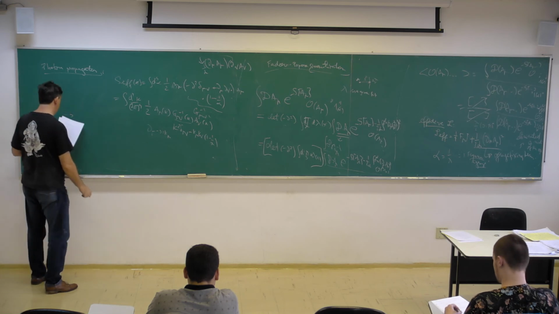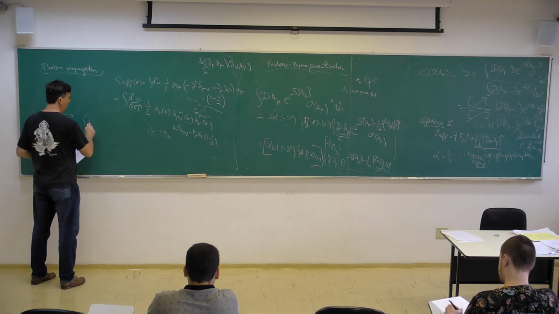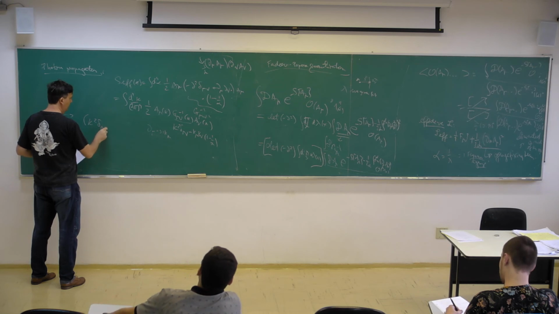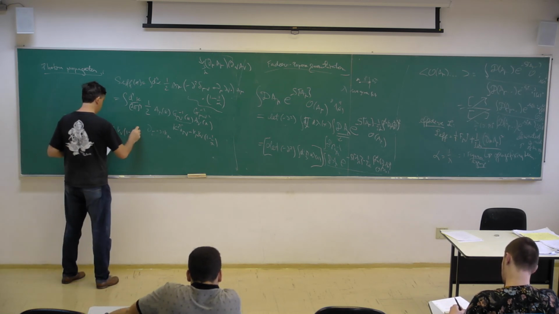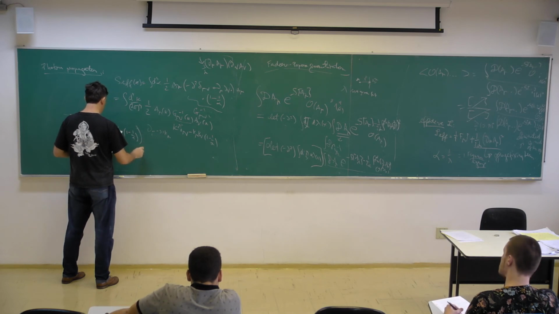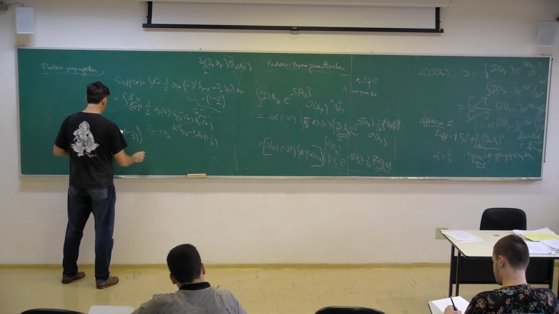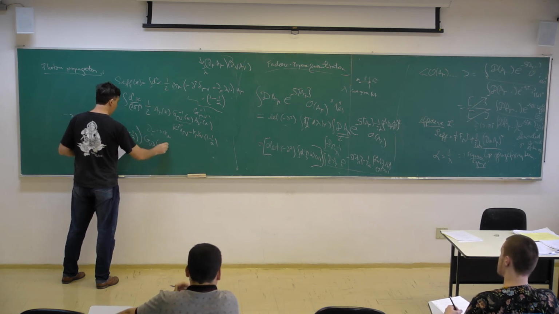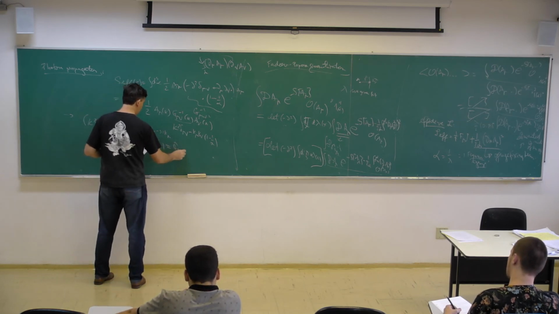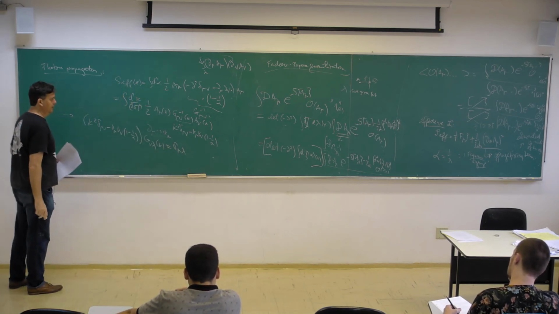And inverting it means writing k squared delta_mu_nu minus k_mu k_nu times (1 minus 1 over alpha), times G_nu lambda of k, equal to delta_mu lambda.